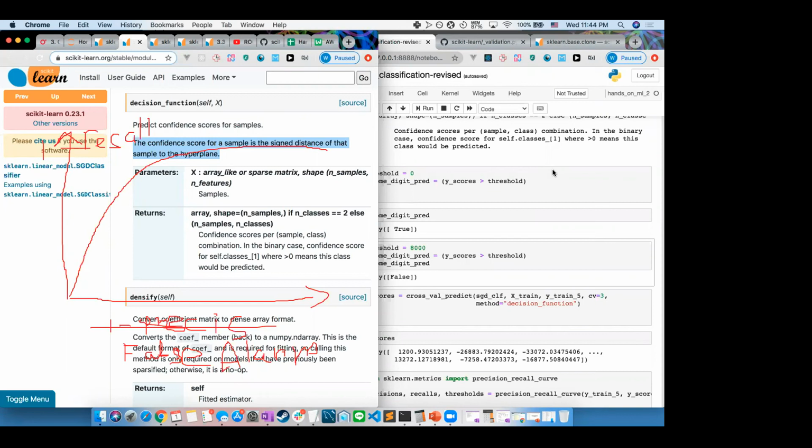So on the horizontal axis, false alarm rate, here is 1% false alarm rate, and here's a 2% false alarm rate, and your boss might say, I want you to give me the best recall with smaller than 3% false alarm rate.